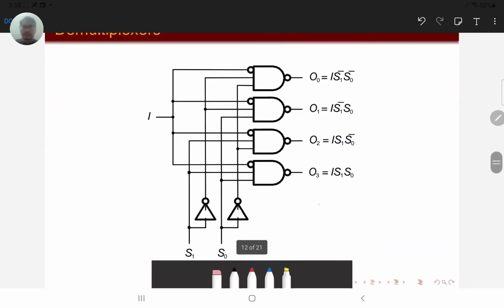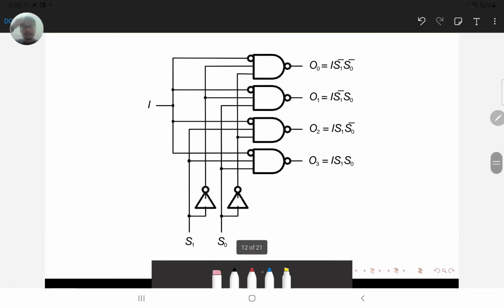Let's look at the internal part. Here is a 1 to 4 demultiplexer. What happens when our select inputs are both 0?